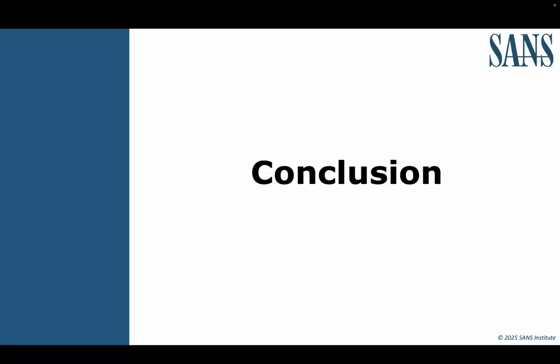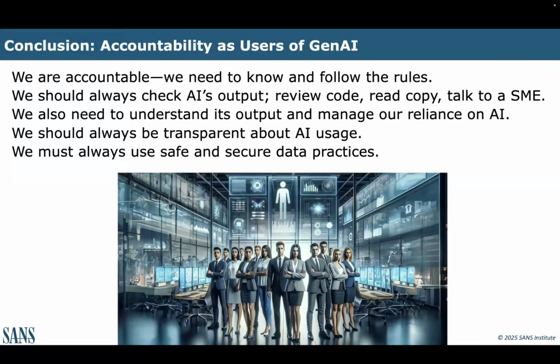Lastly, just a little conclusion. Of course, accountability is the thing. We do not have the ability to shift accountability for a problem that we create, a crappy product that we make, to the AI. "The AI made me do it" is not a thing. I work in a real job in the real world, and I'm responsible for the things I do.